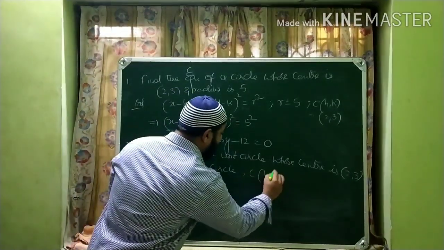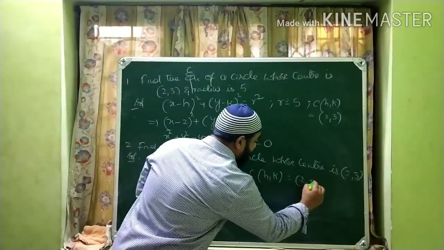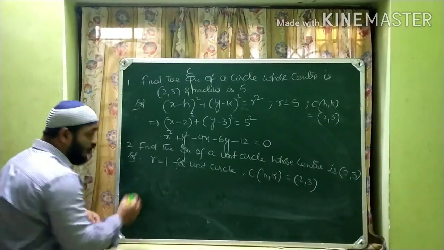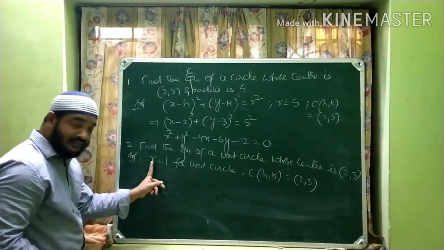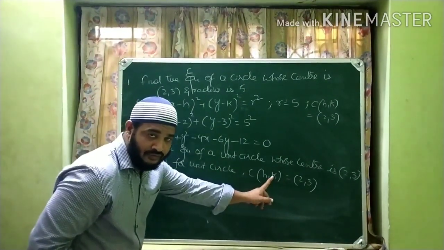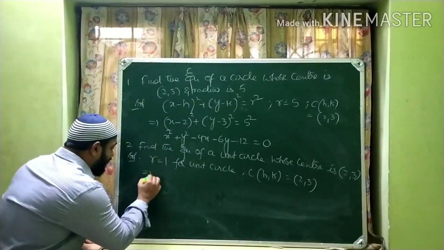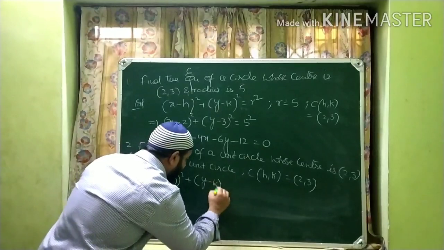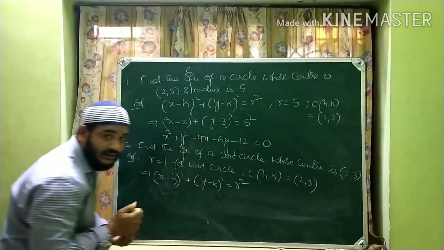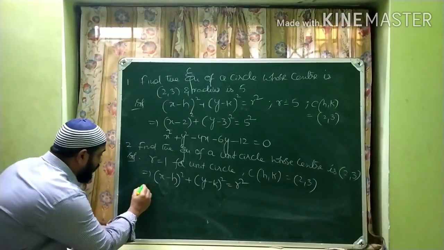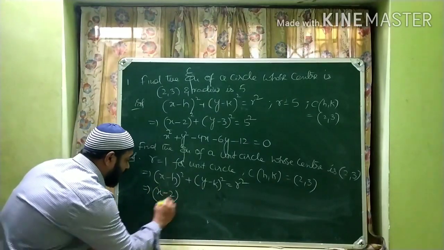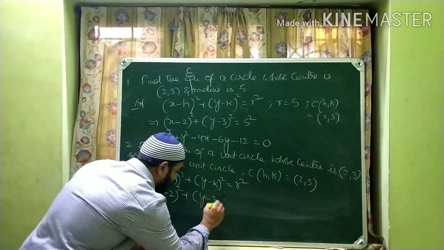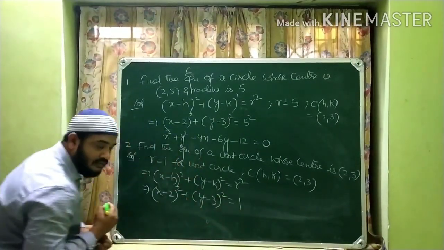The center (h, k) is equal to how much? (2, 3). So what is the equation of the circle now? When you have the radius and center, (x minus h) whole square plus (y minus k) whole square is equal to r square. So this is (x minus 2) whole square plus (y minus 3) whole square is equal to 1.